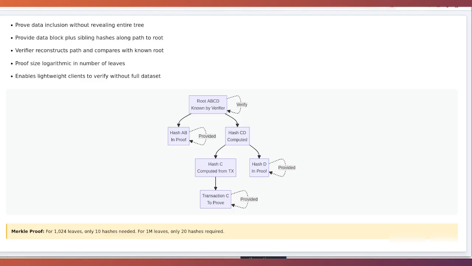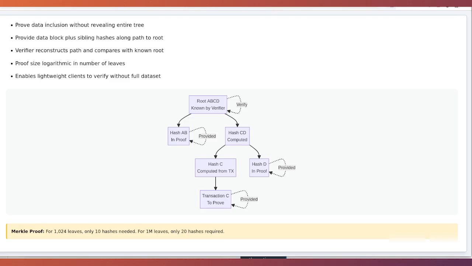The verifier can then hash transaction C to get hash C, combine it with the provided hash D to compute hash CD, then combine hash CD with the provided hash AB to compute the root. If this computed root matches the known root hash, the proof is valid.